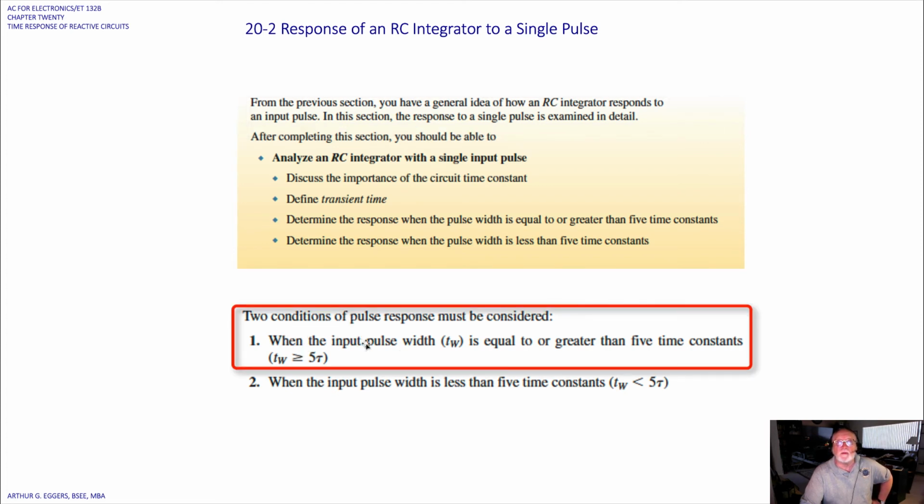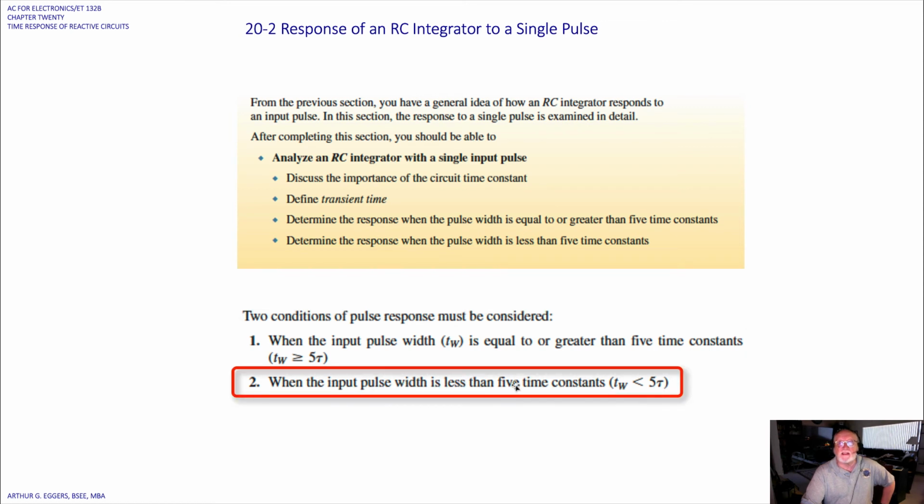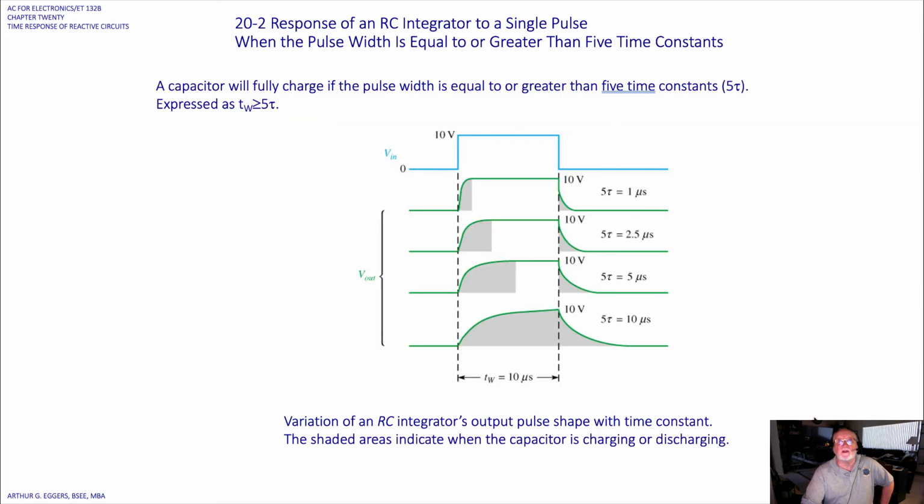When the input pulse width, T sub W, is equal to or greater than 5 time constants, or when the input pulse width is less than 5 time constants, T sub W less than 5 time constants.